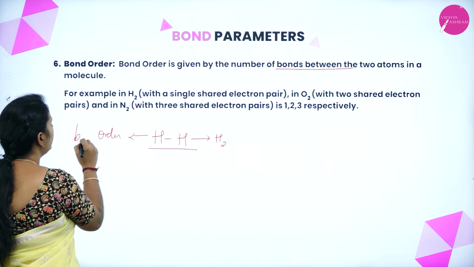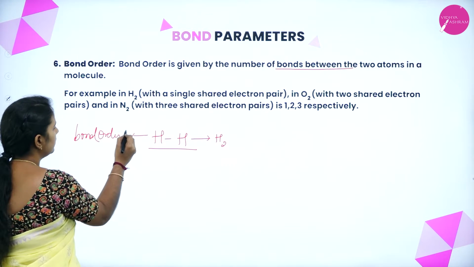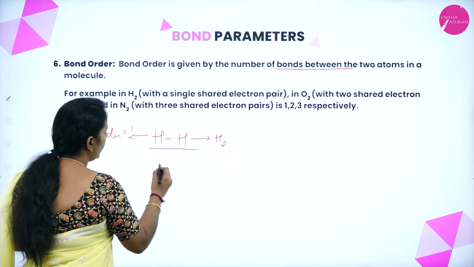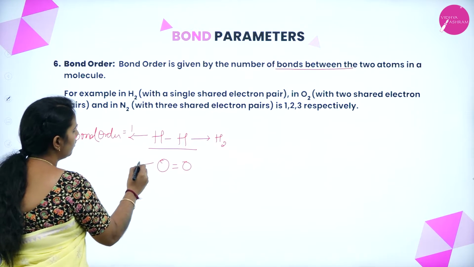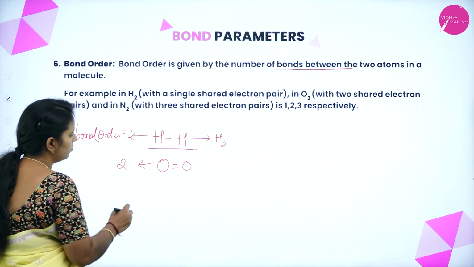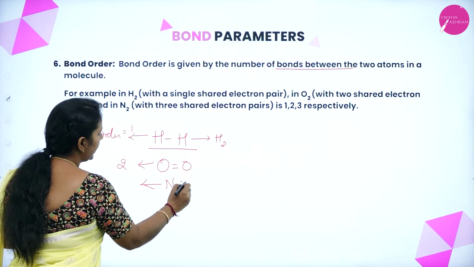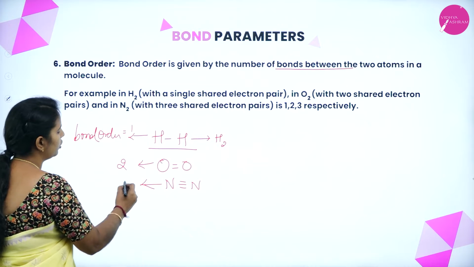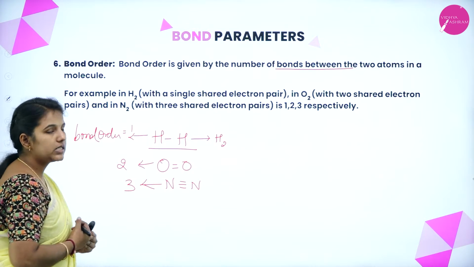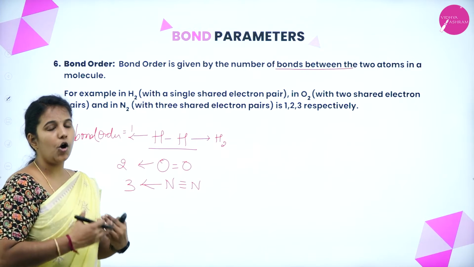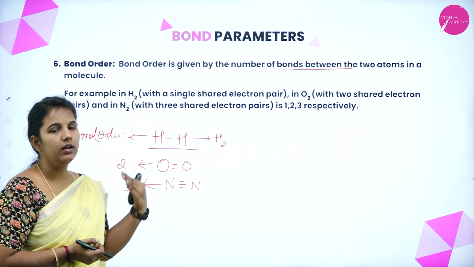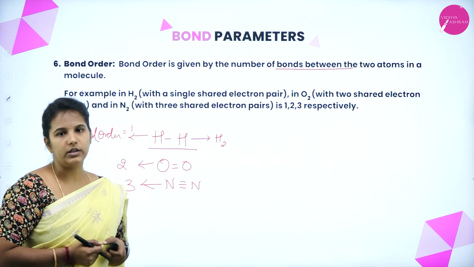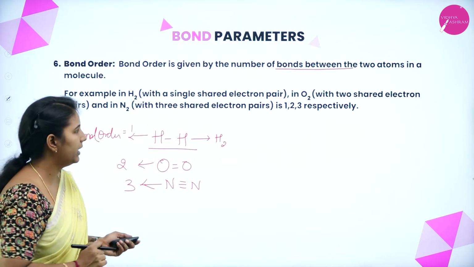Similarly, in the case of the oxygen molecule, the bond order will be 2. If you take the nitrogen molecule, it has a bond order of 3. So bond order is nothing but how many bonds exist between the two atoms in a molecule, and it can be easily calculated.